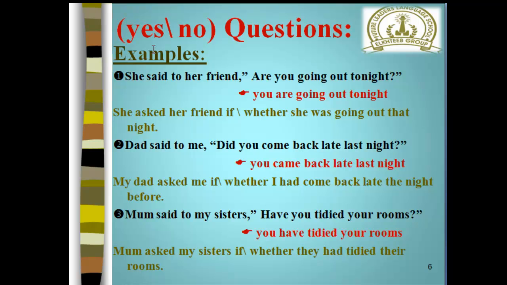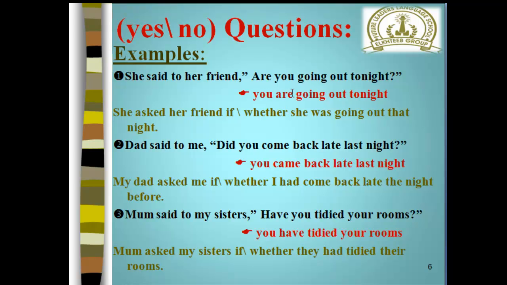Type 2: yes/no questions, or interrogative questions that begin with helping verbs or auxiliary verbs. She said to her friend, "Are you going out tonight?" She asked her friend if or whether. Link the introductory verb and the reported speech using if or whether. Then "are you going out?" becomes "you are going out."